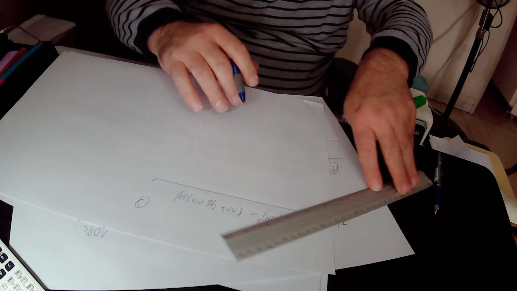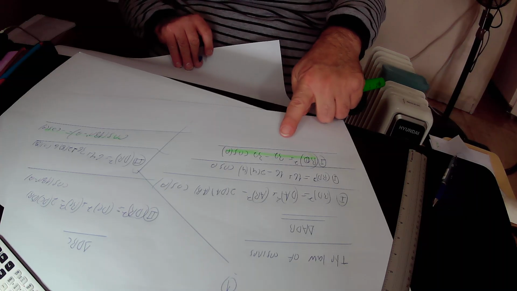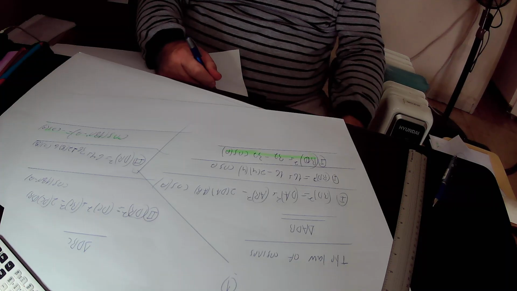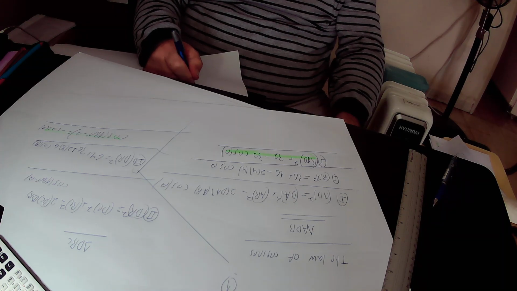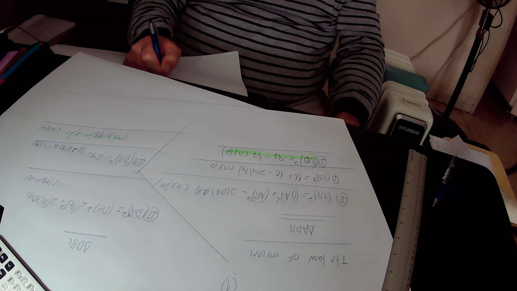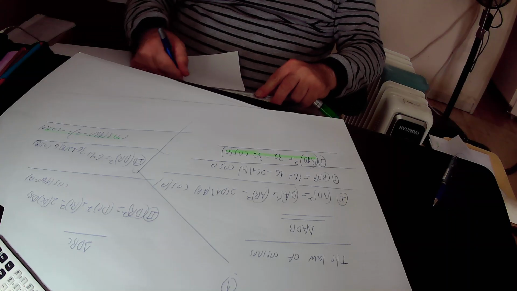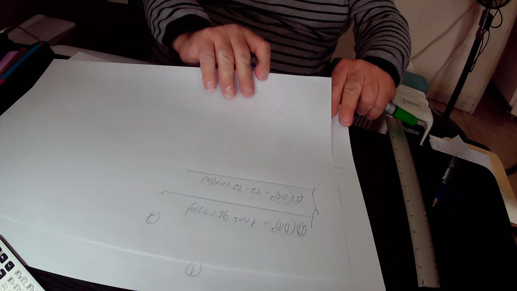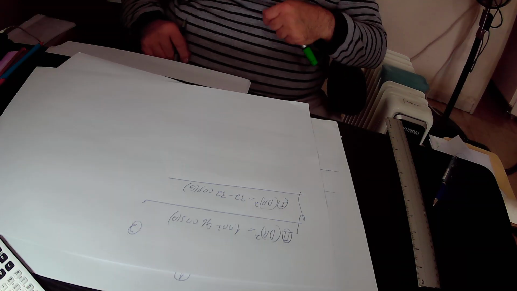But according to equation 1, we found out that DB squared equals to 32 plus 32 times cosine theta. So we have two different equations for DB squared.